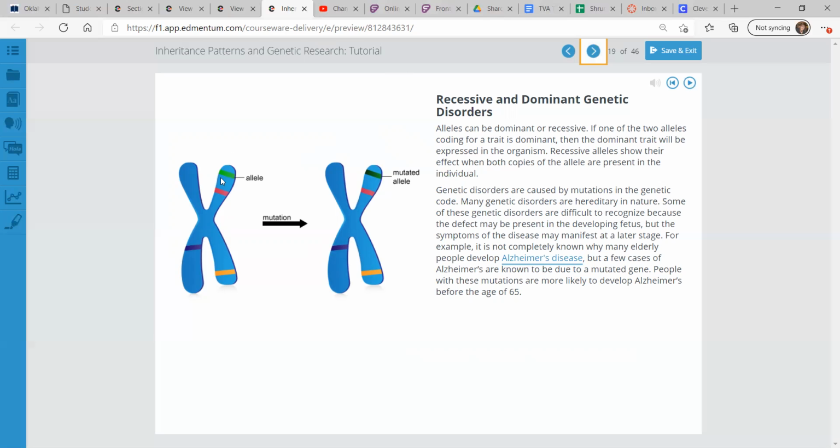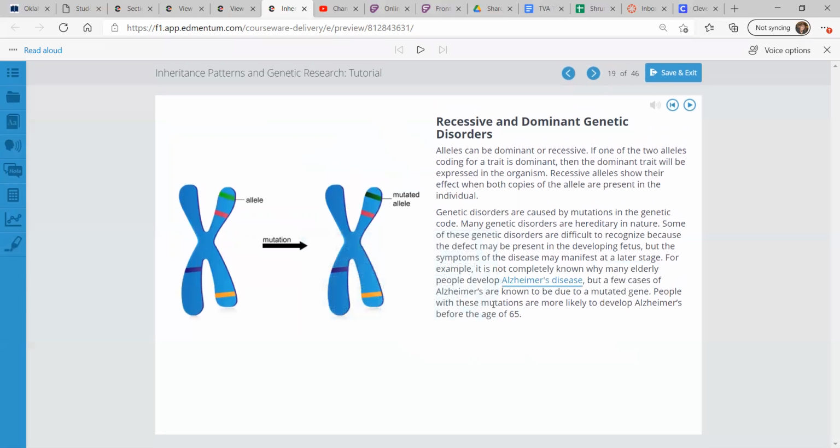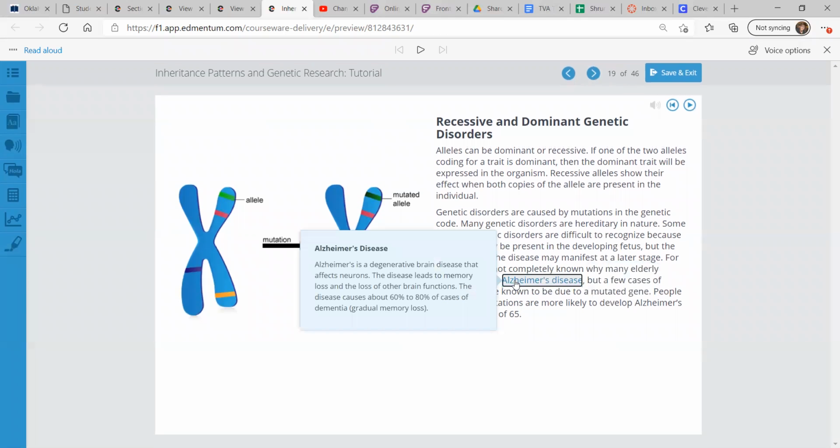So here's a chromosome with alleles, and here's a mutated allele. See how this one's a little darker than this green allele? So that's a mutated allele. And if you're unfamiliar with Alzheimer's, Alzheimer's is a degenerative brain disease that affects neurons.